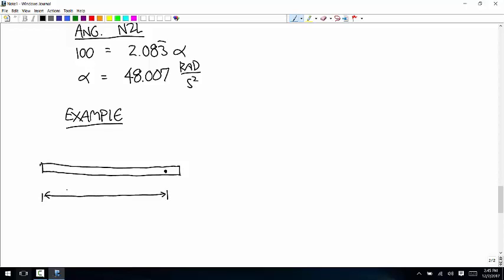Okay, so let's say that's 1 meter. And that's 0.1 meters. And here, let's say we apply a force of 200 newtons.